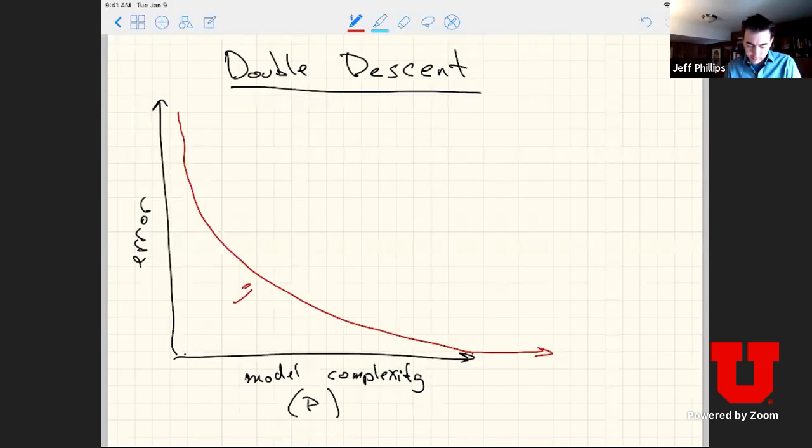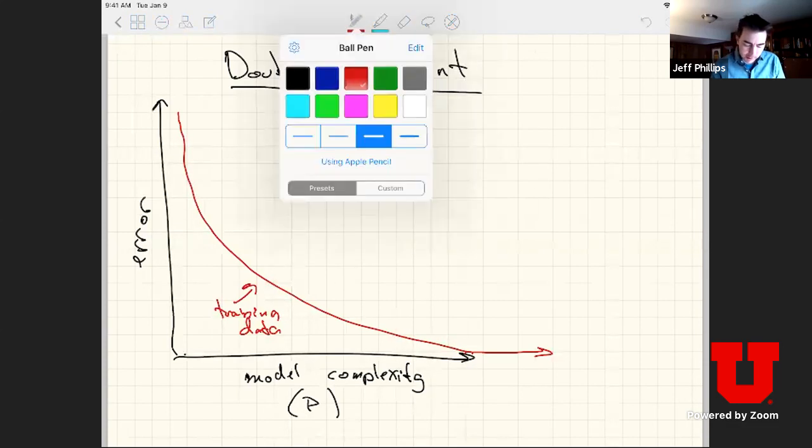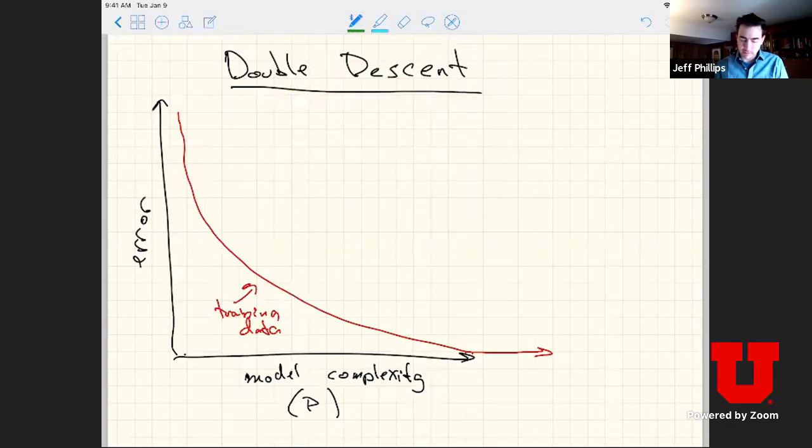So this is the training data, right? As I can fit a more complex model, I can do better on the training data, but on the test data, evaluation data, it's probably not doing as well. And at some point, it's going to go back up.